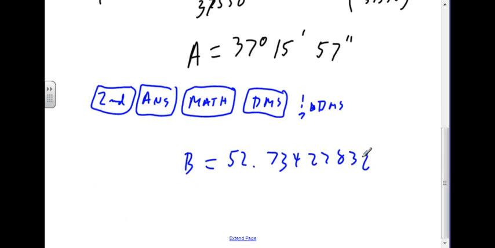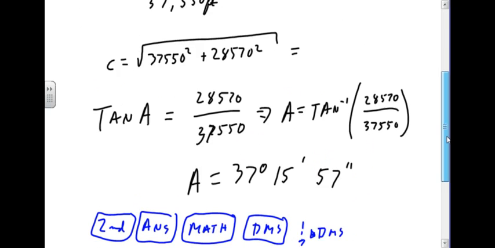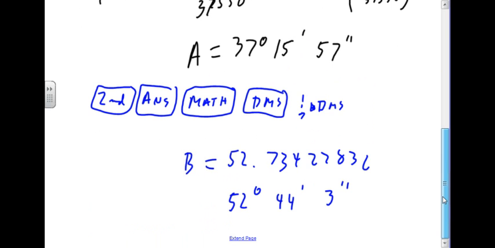So I'm going to go second function, answer, math, degrees, minutes, seconds, come down to number 6. So B becomes 52 degrees, 44 minutes, 3 seconds. We'll put those up there, 52, 44, 3.